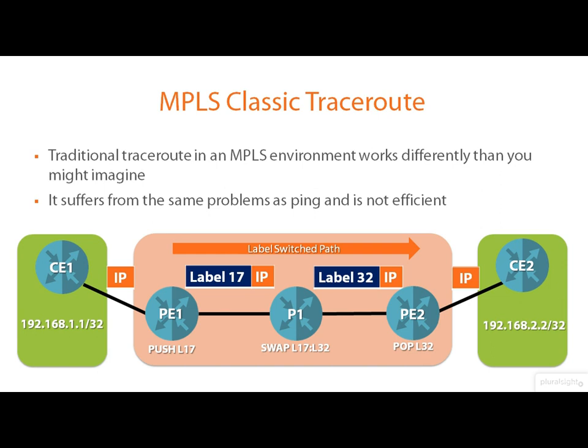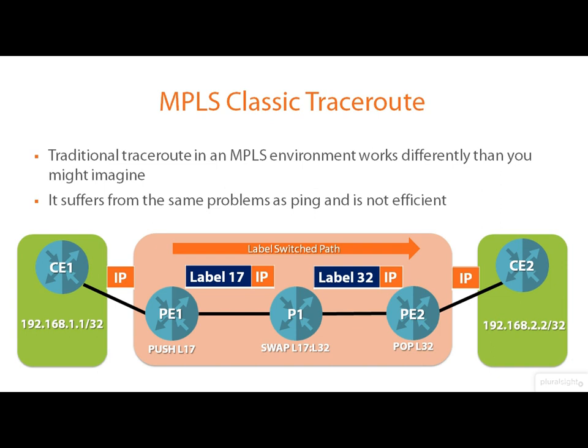What eventually happens is the TTL expired message gets all the way to CE2. CE2 then sends it back into the MPLS network, and eventually that first TTL expired message gets back to CE1. So basically the second packet went from CE1 to PE1 to P1.